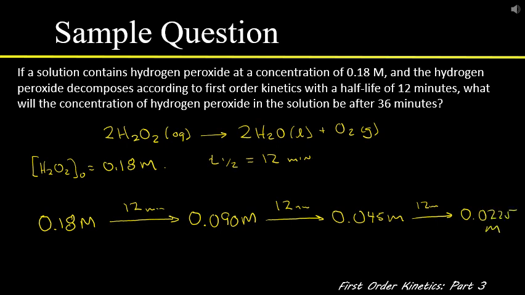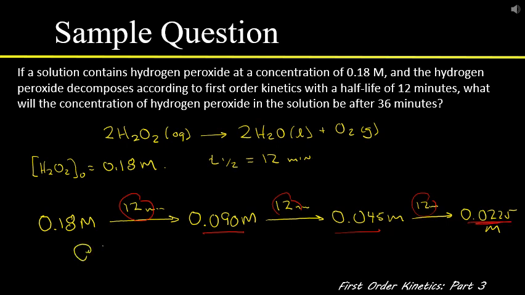0.00225 molar. Right? And so this is 12 minutes. After 12 minutes, it'll be this concentration. After 24 minutes, it'll be this concentration. And after 36 minutes, it'll be that concentration. Right?